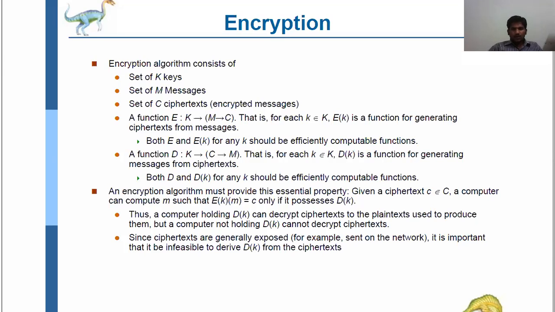Thus, holding D of K, the decryption key, is needed to decrypt the ciphertext into plaintext. A computer not holding D of K cannot decrypt the ciphertext. Since the ciphertext is generally exposed, for example sent on the network, it is important that it is infeasible to derive D of K from the ciphertext.